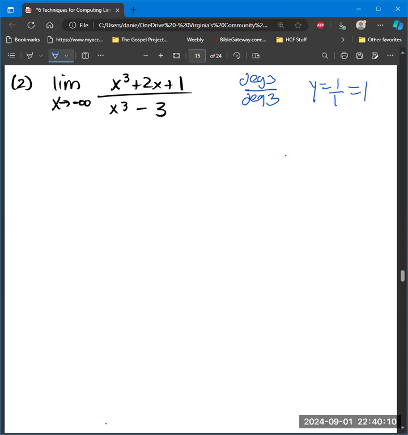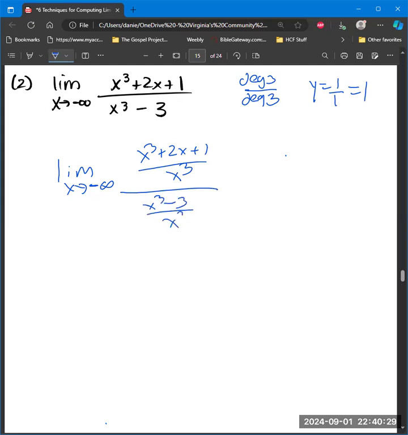Let's do that with our new algebra technique. Limit as x goes to negative infinity of x cubed plus 2x plus 1 over x cubed minus 3 over x cubed.